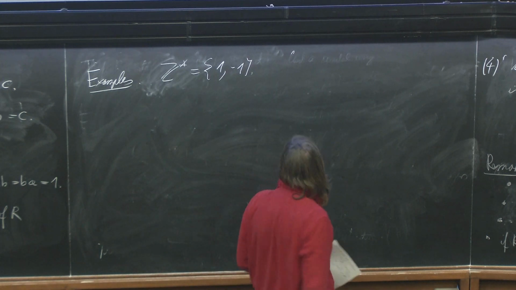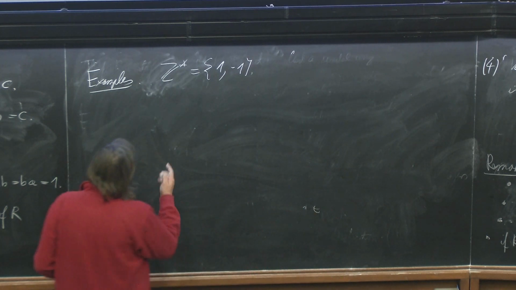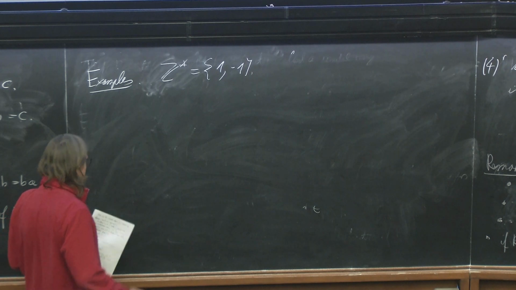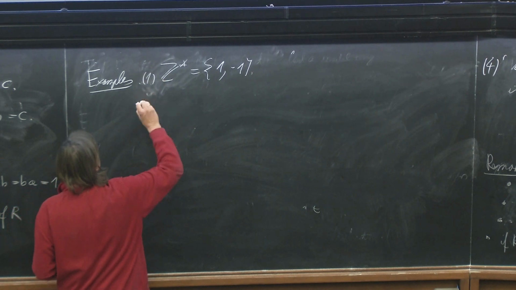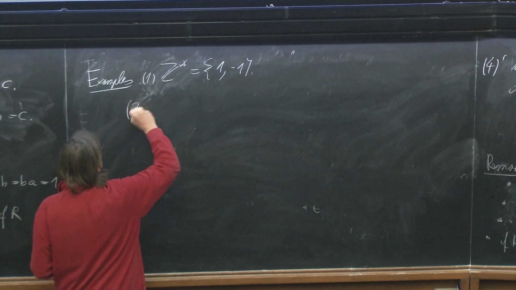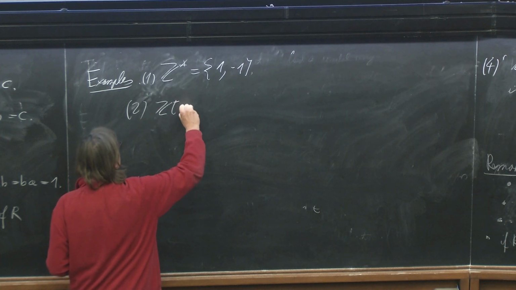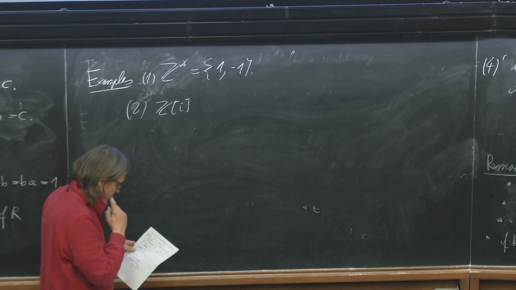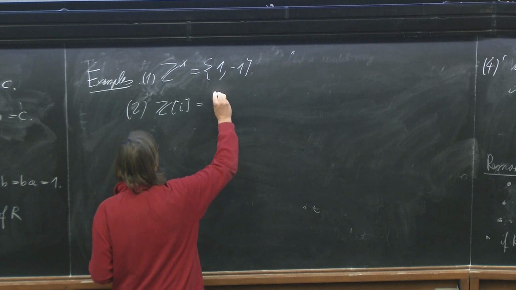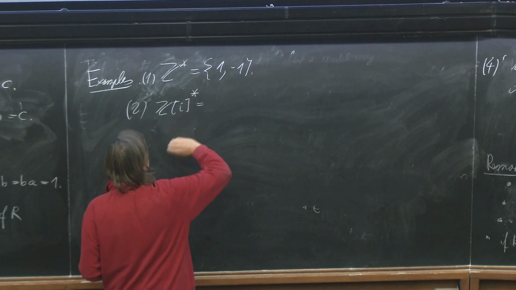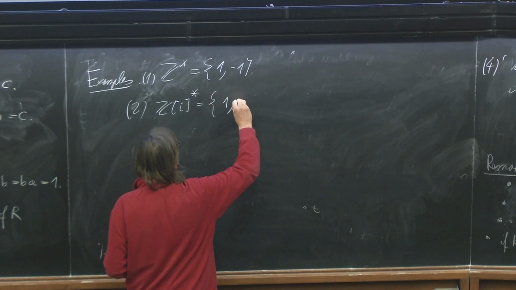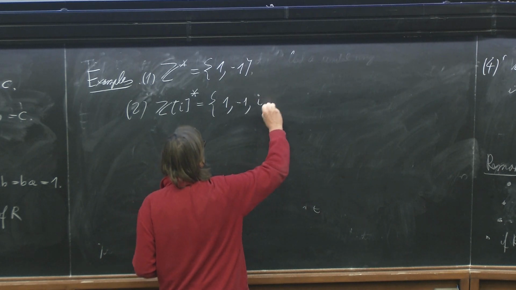Minus 1 squared is 1. And obviously, these form a group. Then if we look at the Gaussian integers, I claim the units are just 1, minus 1, i, and minus i.